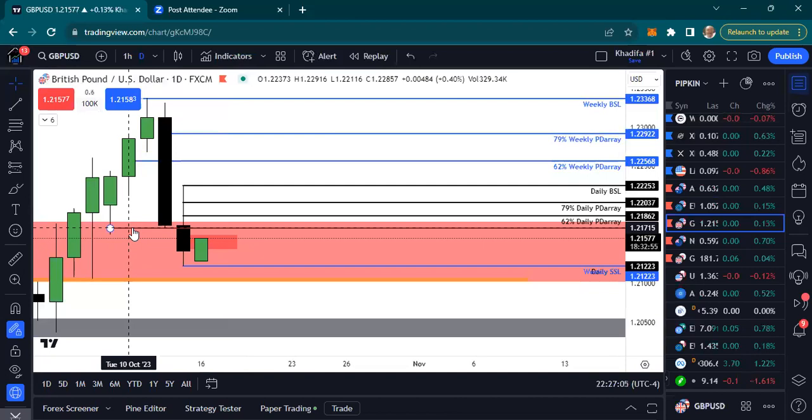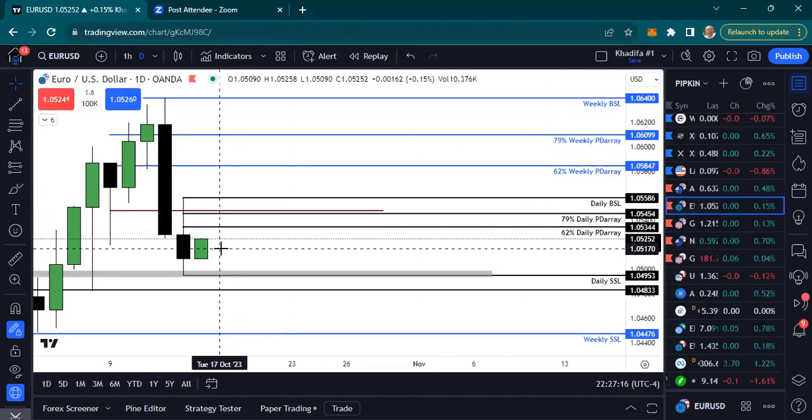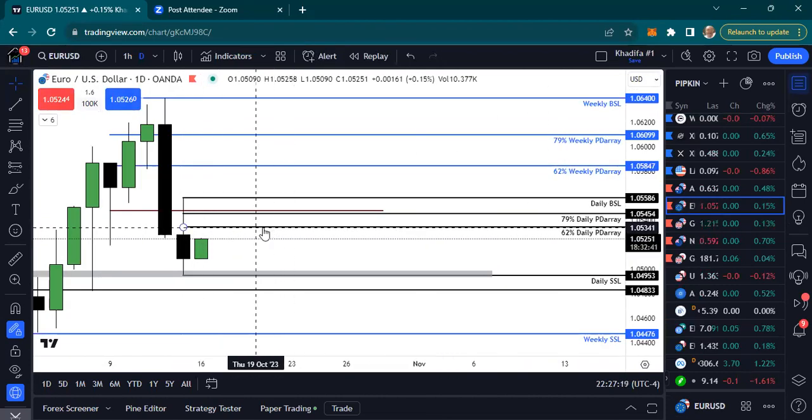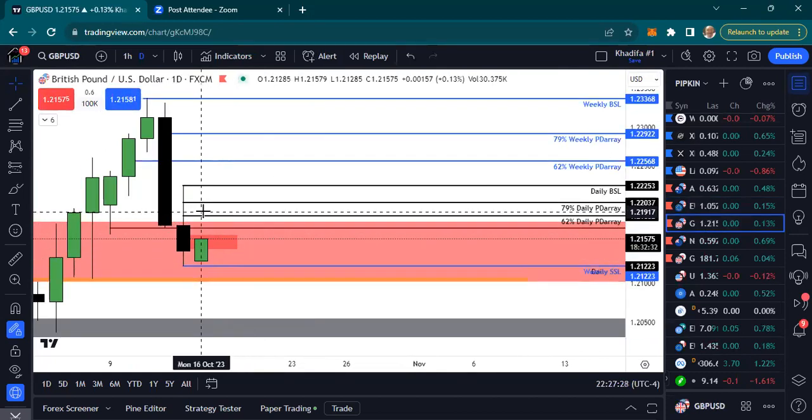So the consequent encroachment for GBP USD isn't as strong as the consequent encroachment on Euro USD as far as I'm concerned, because as you can see, the PD array levels are below consequent encroachment for Euro USD, but they are above consequent encroachment for GBP USD. So that makes this consequent encroachment not as strong, in my opinion, on the pound as it would be on Euro USD. So I would allow for GBP USD to pull up into those premium PD arrays, right?